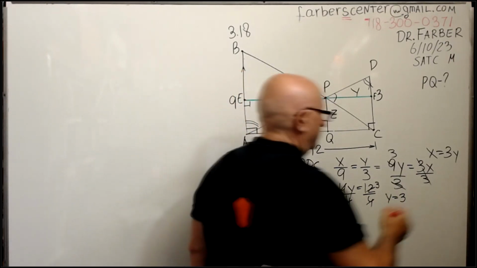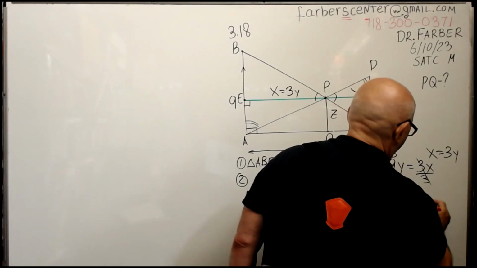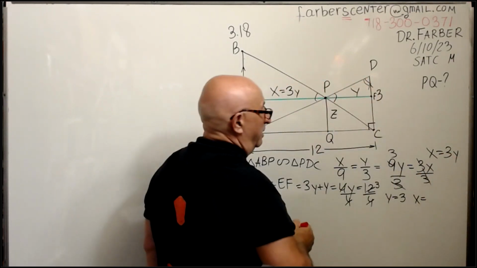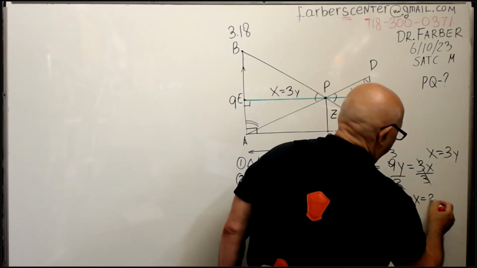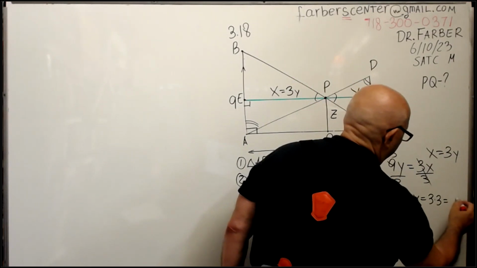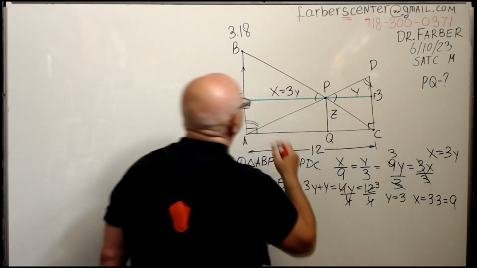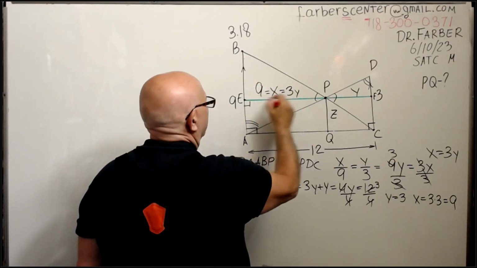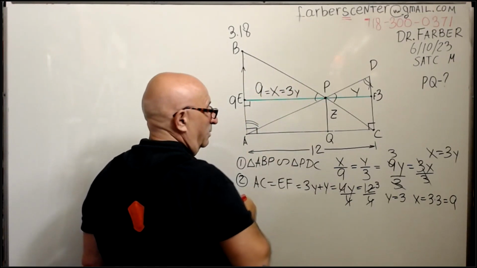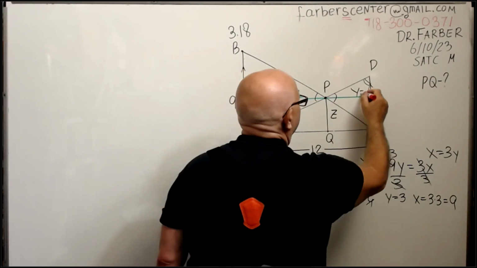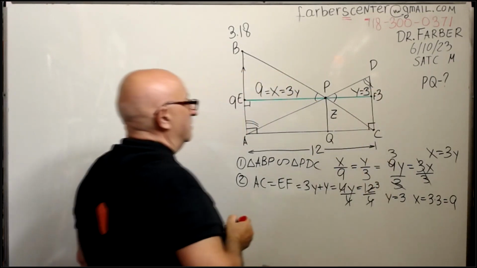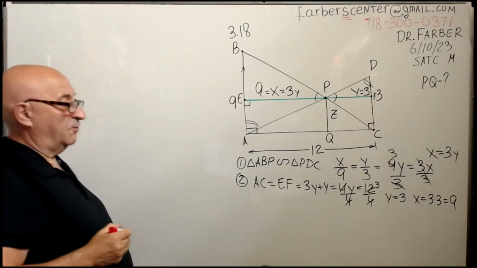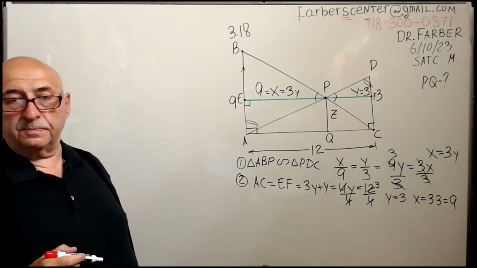And x, since x equals 3y, is 3 times 3, which is 9. Now I know 3y equals 9, this part, and y equals 3. So far, so good. Any questions?